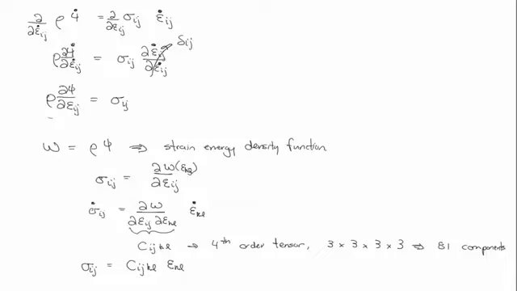And since we haven't defined what the C_IJKL are, we could just fold the constant of integration into them. So this is our constitutive relationship. It's also otherwise known as generalized Hooke's law.